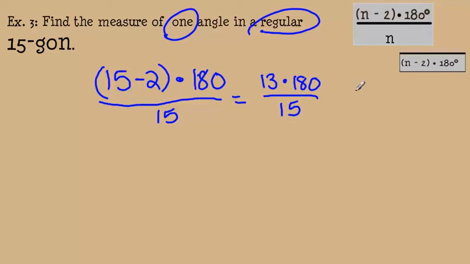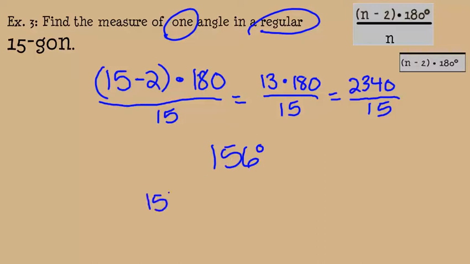Make sure you carry over the 15. 13 times 180 is 2,340 divided by 15. Make sure you're getting down all this work as good examples. I get 156 degrees. A way to double check that, take 156 times 15, and we get that total of 2,340. So this is the check.